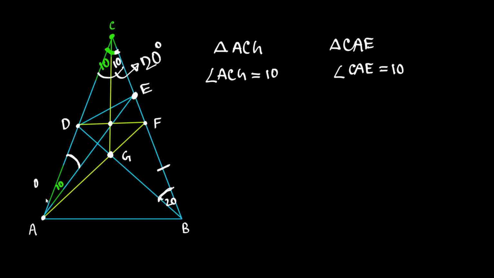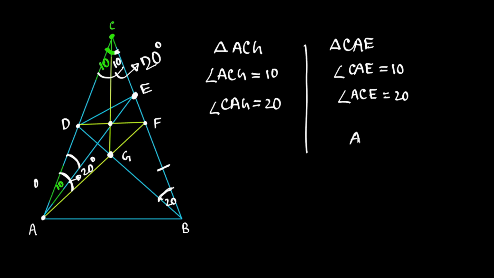This is 20 degrees. ACE is 20 degrees. Do we see a 20 degrees in triangle ACG? This angle is 20 degrees, the CAG angle. So we got two angles.